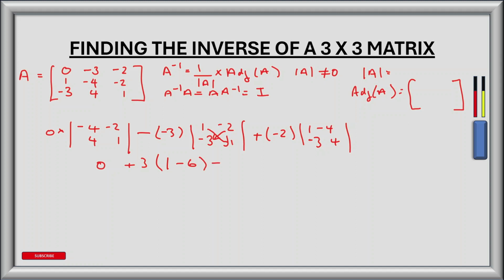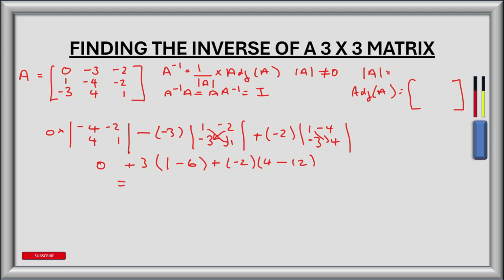And then plus minus 2 multiplied by the determinant of this matrix here. So it's 1 times 4 is 4, minus 4 times 3 is 12. So minus 4 times minus 3 is 12, so it's minus 12.